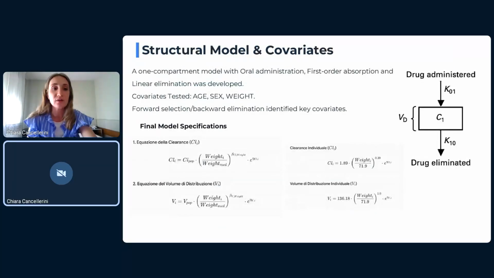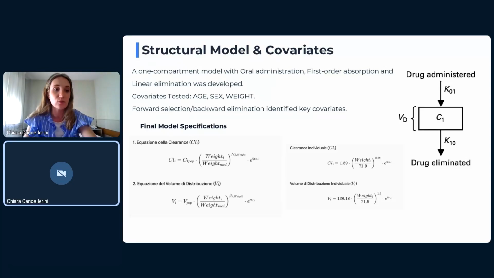So what we found was, we built a one-compartment model with oral administration that was characterized by a first-order absorption and linear elimination. And to explain the pharmacokinetics variability among patients, we tested several covariates, specifically age, sex, and body weight, through a statistical stepwise process, that is forward selection and backward elimination.